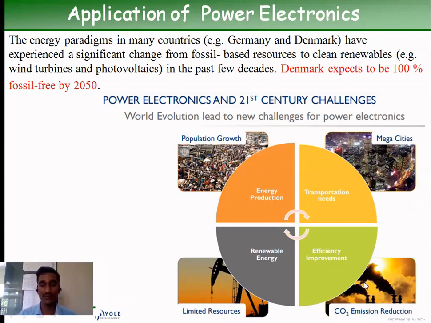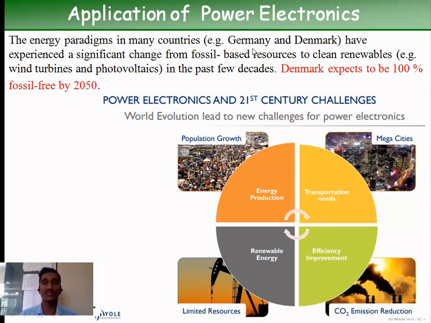The first problem is that these sources are limited. They are not abundant in nature. One day these sources will vanish. The second is that because of the burning of coal and fuels, we generate so much CO2, and this CO2 creates the global warming issue. So this is again a big challenge in front of society, how to tackle this problem.